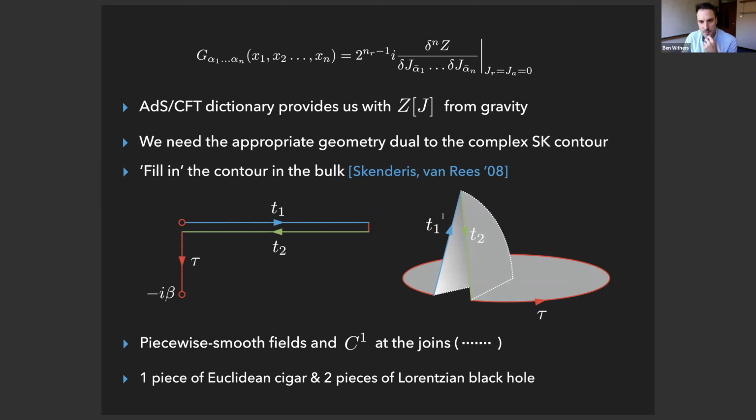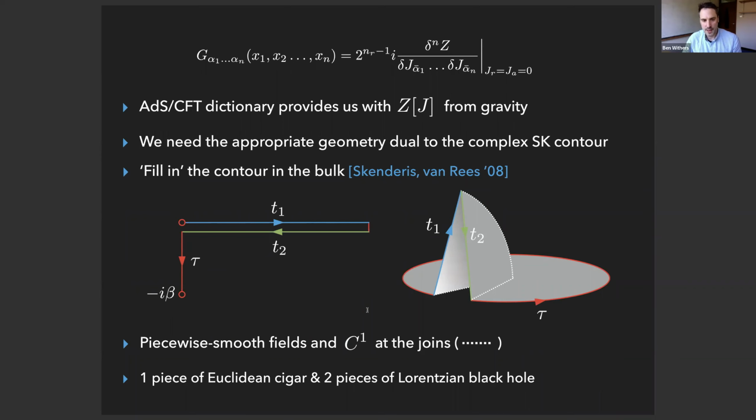We think about all the saddle points of our gravitational path integral in the bulk, whose asymptotics become this complexified time path, this Schwinger-Keldysh contour on the boundary. So we're looking for bulk geometries for which this complex time path is the boundary geometry.